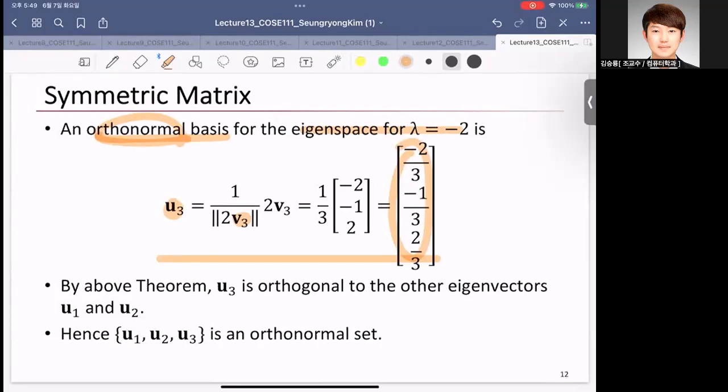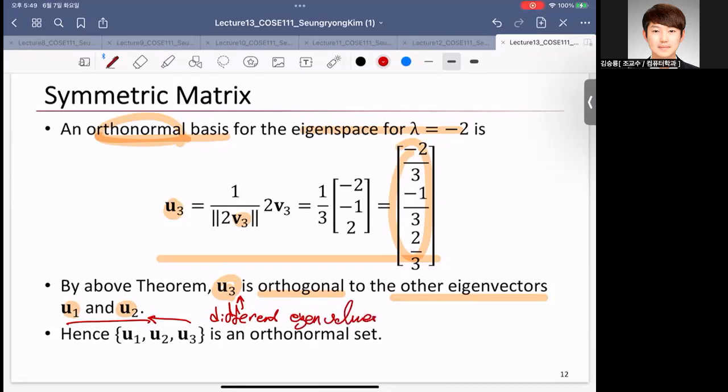Because U3 is orthogonal to the other eigenvectors U1 and U2, since they come from different eigenvalues, we can say that U1, U2, and U3 are an orthonormal set.